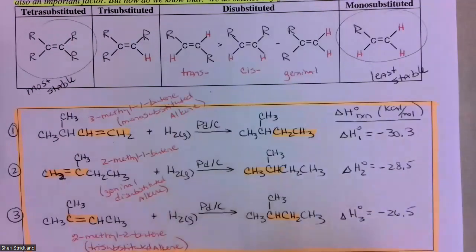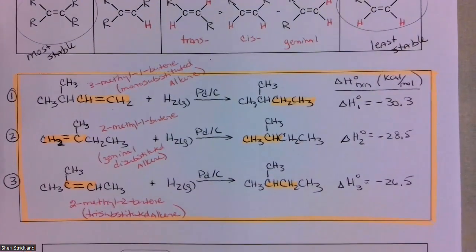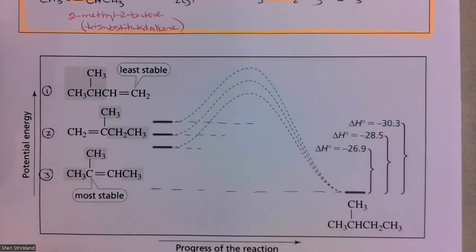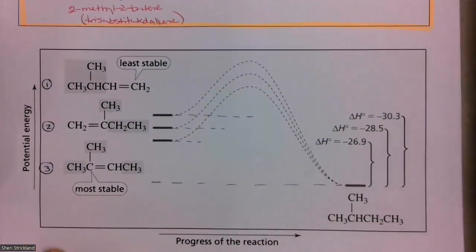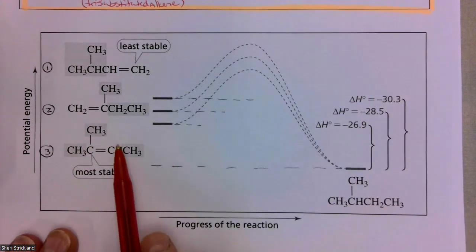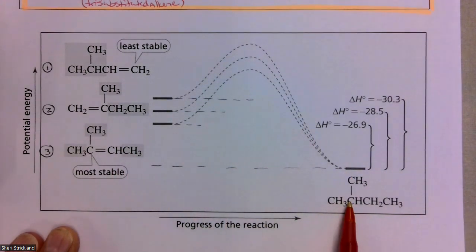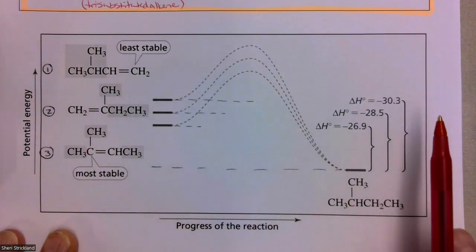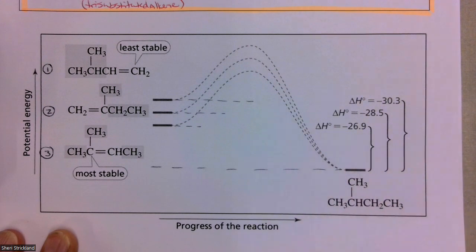All right, so we're going to see how these experimental results are going to help us sort out who's more stable than who. So this is the free energy diagram for these reactions. And we can put them all right on the same graph because they all make the same product. So I've got them in order with their free energy changes, and I want to show you where they are.